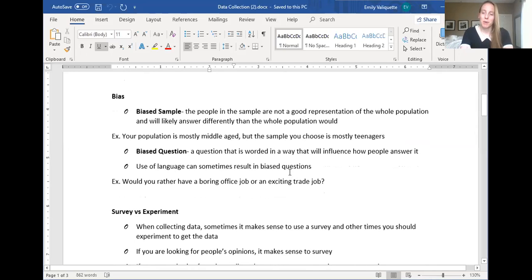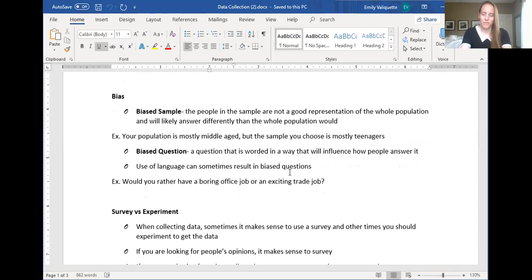Okay, bias is really important to identify when you're doing a survey or something like this. Bias will make your results invalid. So you really want to make sure that you avoid anything that could be construed as bias. A biased sample means the people in the sample are not a good representation of the whole population.